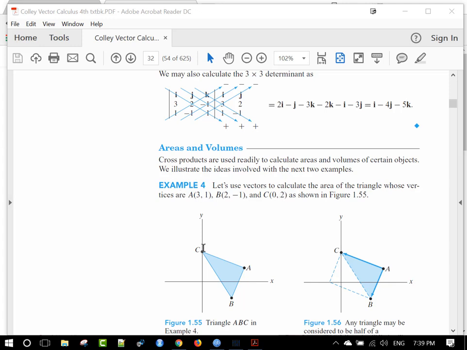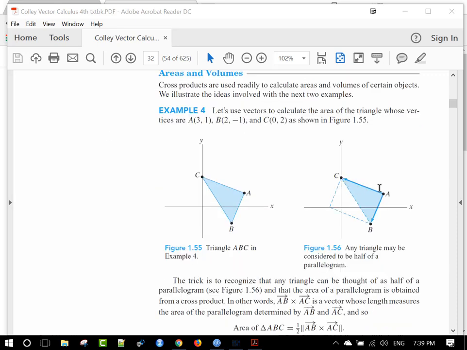So here is C, here is A, and here is B. And we're going to form these vectors, AC and AB. And they say that the area of this triangle is half of the area of this parallelogram, and the area of a parallelogram can be obtained from the cross product.